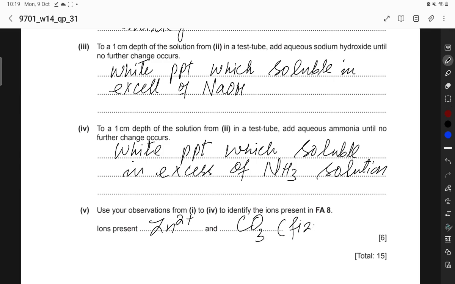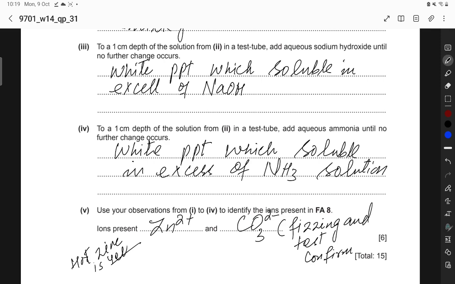Fizzing confirms the carbonate test. And for zinc, you know that hot zinc oxide is yellow and on cooling is white.